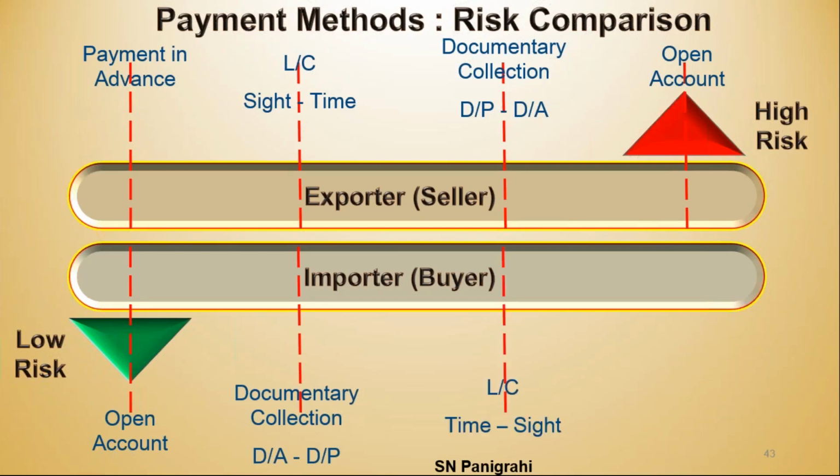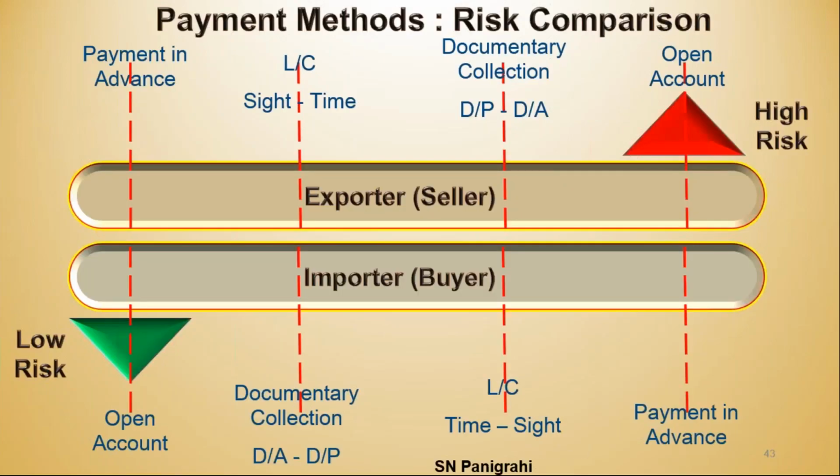Letter of credit gives a balanced position both ways. And documentary collection also has a problem, as I told you. The supplier, the exporter, makes the export first, then the documents are submitted. So he has already made the export, so he is at risk.